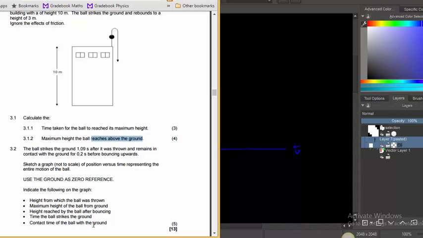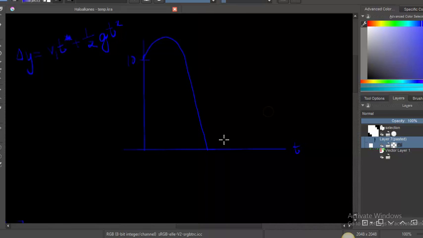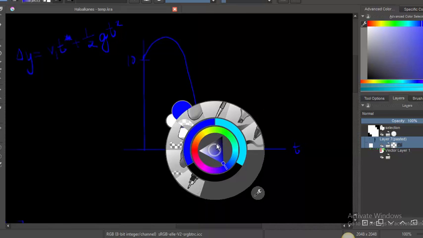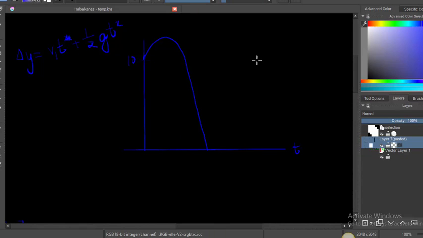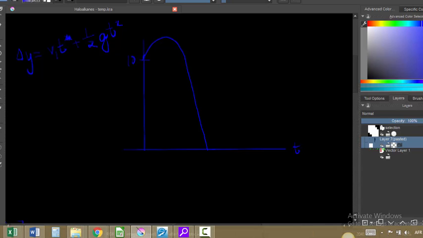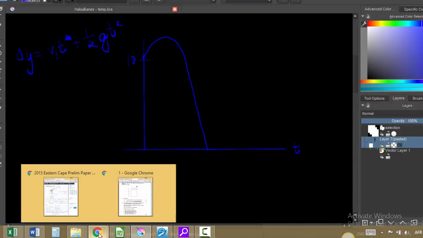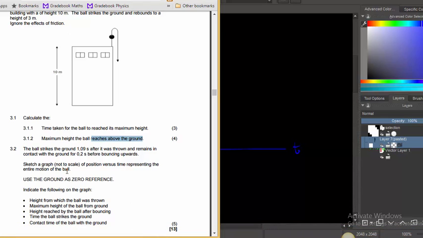The contact time of the ball with the ground. So then it's in contact there, and then we must reach a height again. So just to know how high it bounces back up, I'll have to do a calculation. According to them here, the height reached by the ball after bouncing.